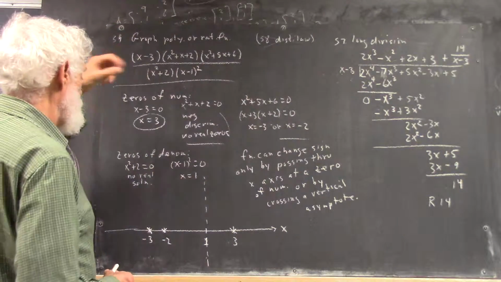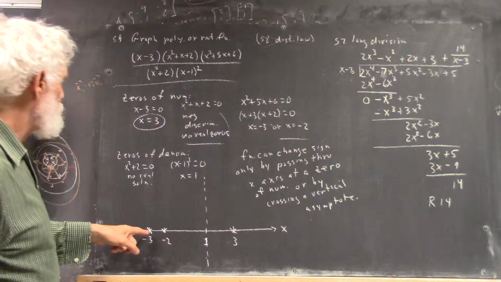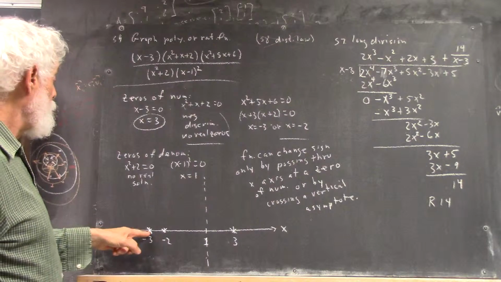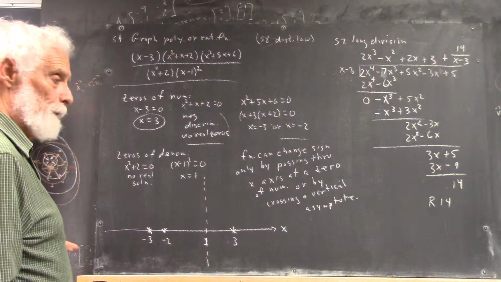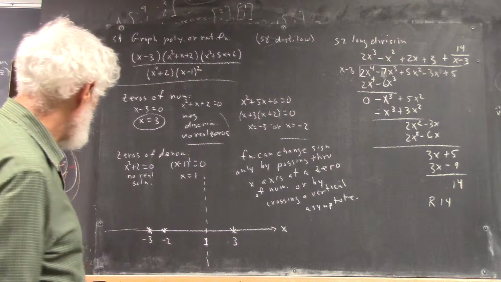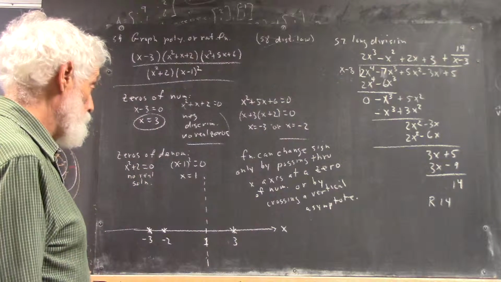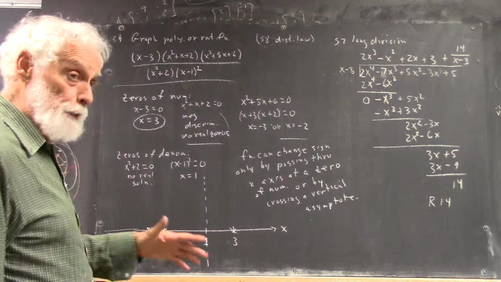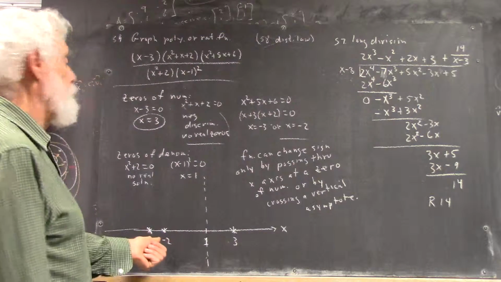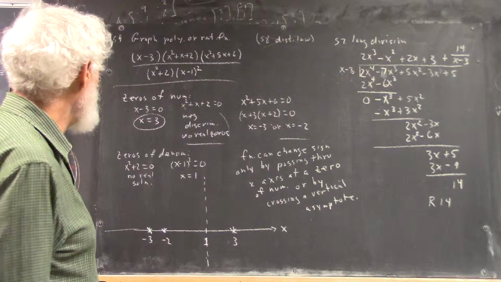Okay, so what we know is the function is either always negative or always positive all the way to the left of negative 3. It's 0 at negative 3. Okay? So we have to determine whether it's always positive or always negative. The easiest way to do that for an infinite interval is just assume, okay, we've got a huge negative number, way left, and we plug it in here.